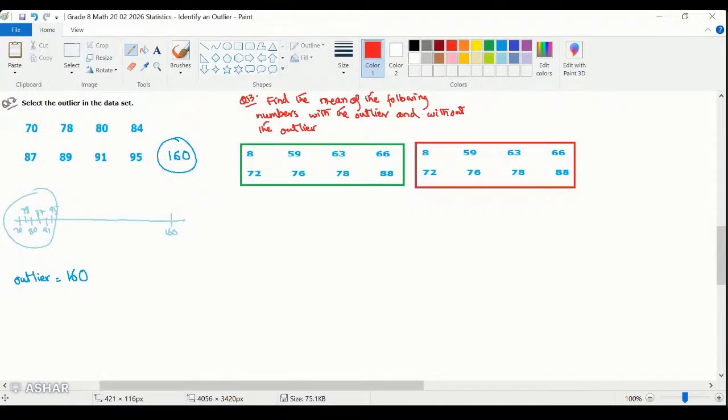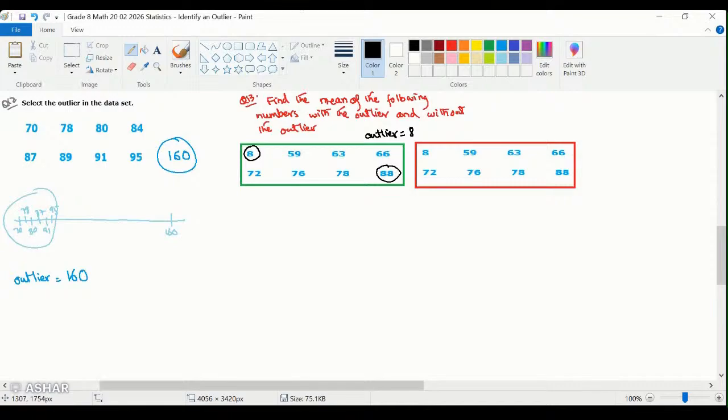So we need to be very careful while selecting. See, the smallest number was 8 and the largest 88, right? In the first part, we'll consider the outlier. So we can say the outlier is 8, agreed? Because it's very far away.